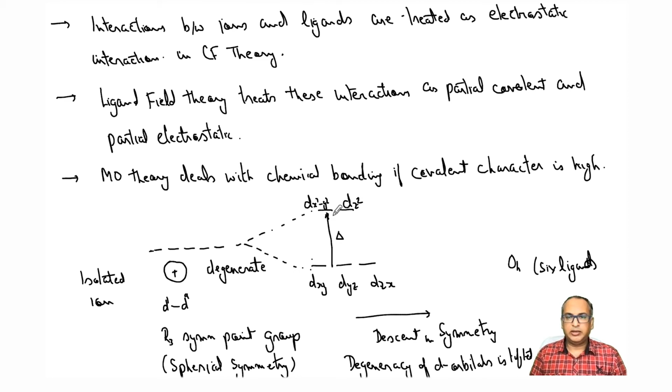This will be delta. The complete gap will be delta, and then we can say that if we divide this into two parts, if this was my original ground state, then this particular thing is equal to minus 2 by 5 delta, and this will be 3 by 5 delta.